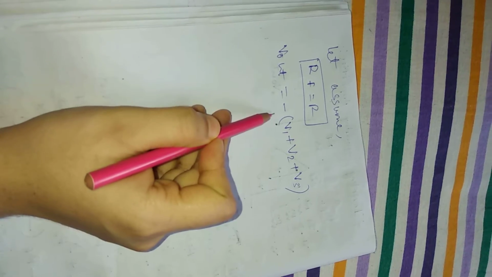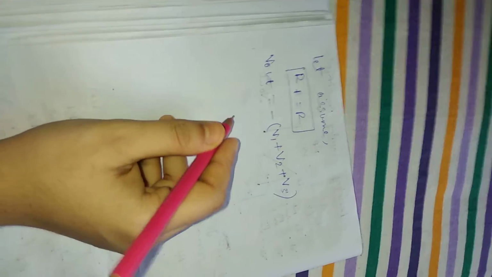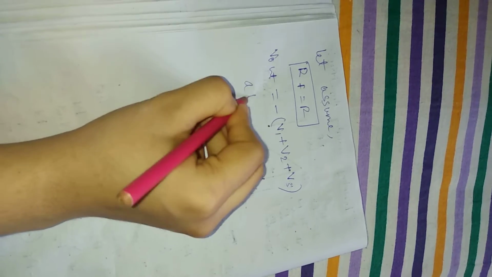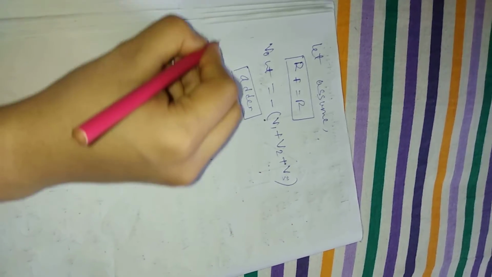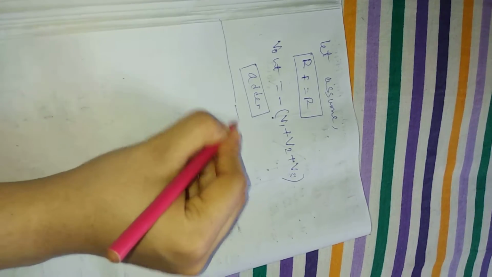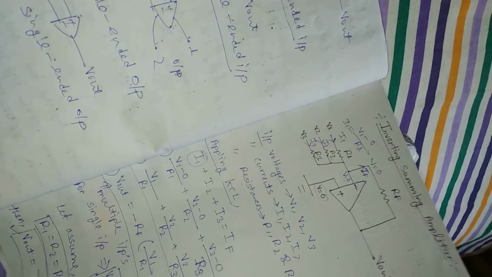In this way we can use the op-amp as an adder, so we can add multiple inputs. Now this is one application of the inverting summing amplifier.